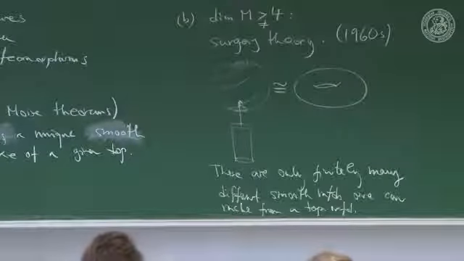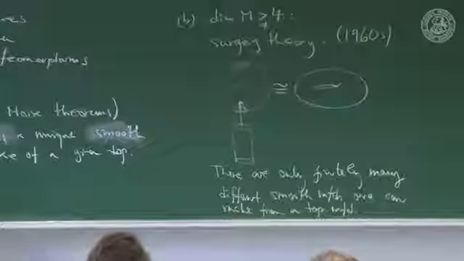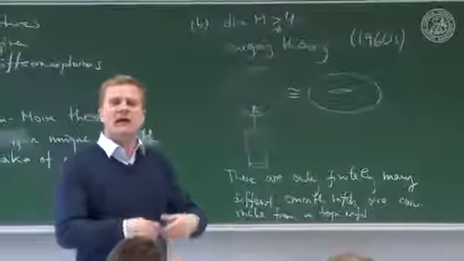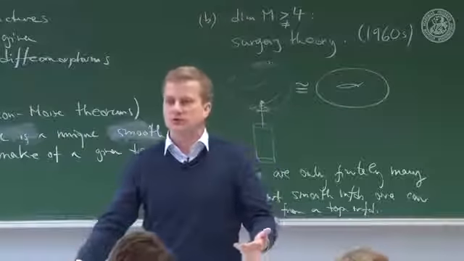Okay, so that's not so neat like dimensions 1, 2, 3, but at least there are finitely many, so you have a chance in principle to enumerate them, to write them all down.